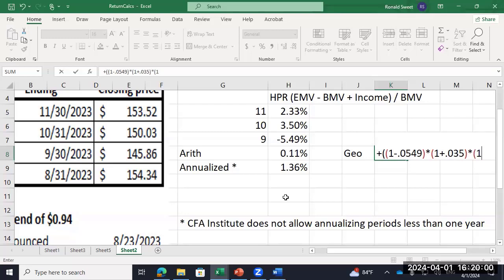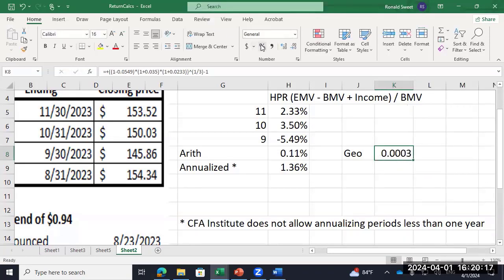And the last month, you make 0.0233. All of that, to the 1/3 power, minus 1. So that gives us that geometric average. It should be smaller than what? Should be smaller than that, right?